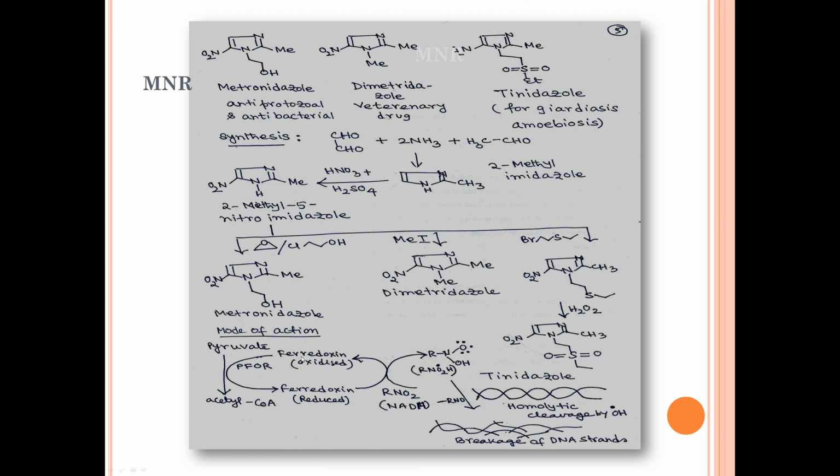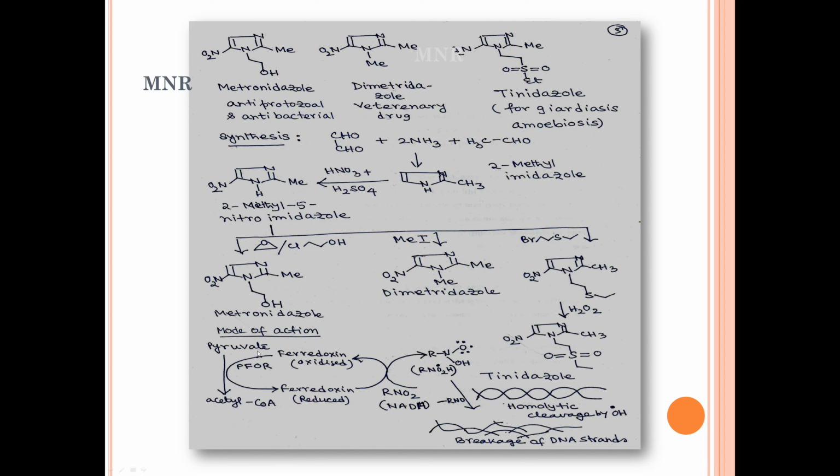In that, the ferredoxin oxidized form gets reduced, and again the reduced form gets oxidized. This is one part of the redox cycle, going back between the oxidized form of ferredoxin and the reduced form of ferredoxin.